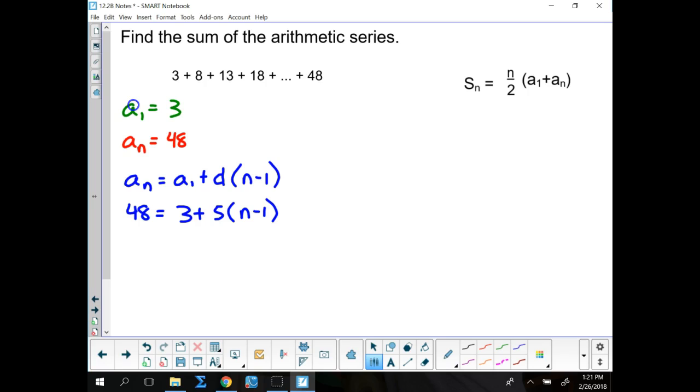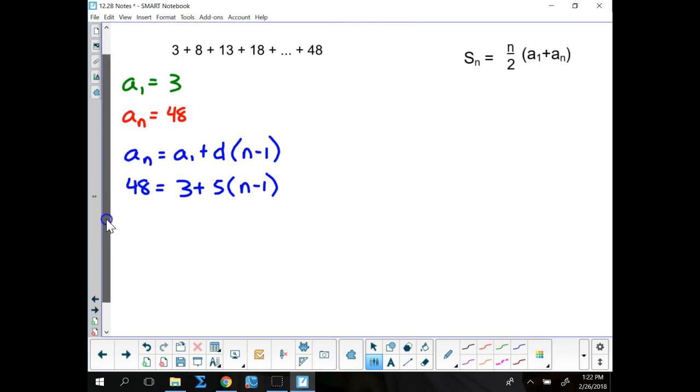Right? Now, you could distribute, correct? Yeah? And then combine like terms, move stuff over, divide by 5. Yes? Okay? Or you could do it this way.